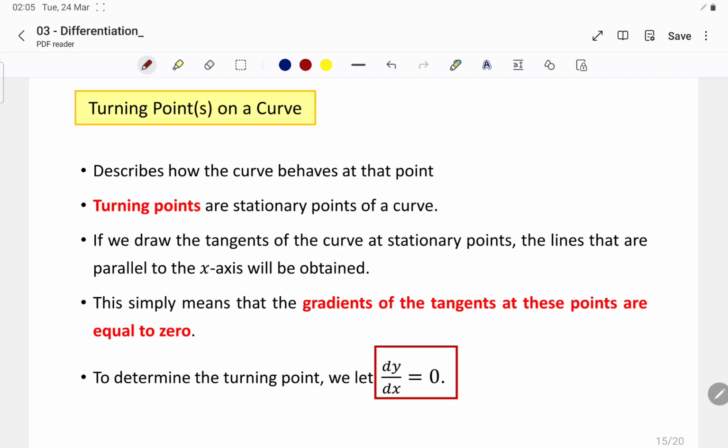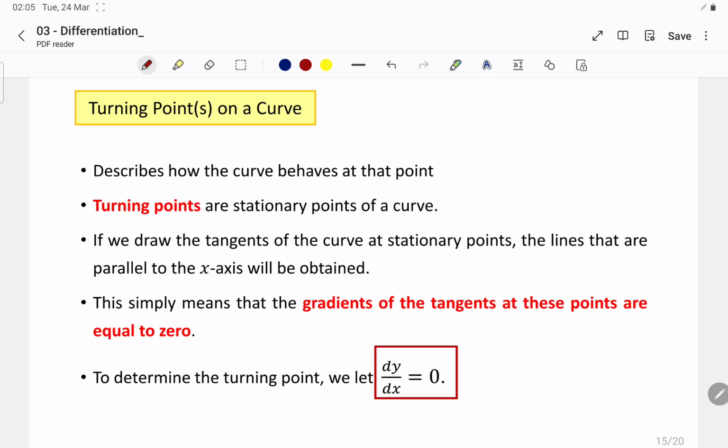So basically what the turning point tells you is how the curve behaves at that particular point. It is a stationary point of a curve, and if we draw the tangent of the curve at stationary points, a line parallel to the x-axis will be obtained. It just tells you that the gradient of the tangent at this point is equal to 0, just like I explained.